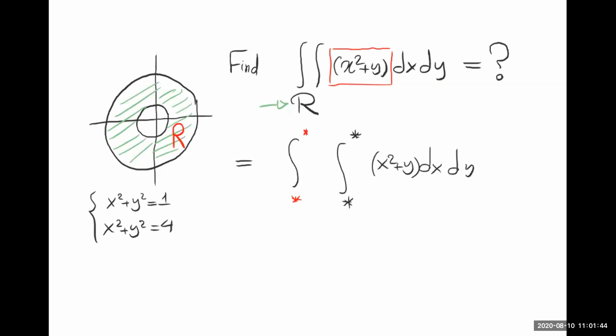If I find them and write them here, I can compute this integral, and that would be the answer. But the problem is I cannot really compute the bounds for x and y here.